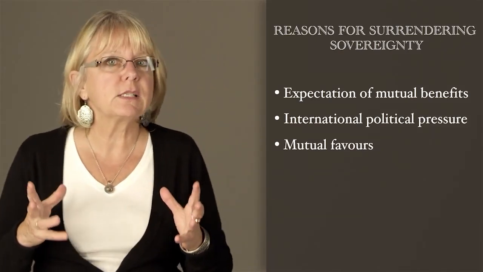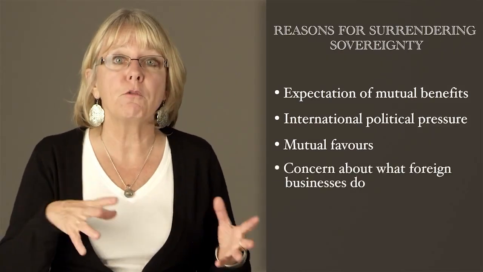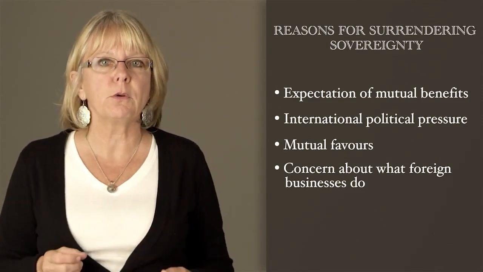Also, countries are concerned about globalization and what foreign businesses do within their territory. There are issues of pollution, bribery, and employment, just to name a few. Some developing countries really want to find a way to protect their people and their resources.